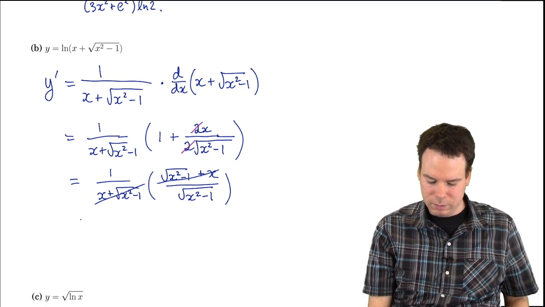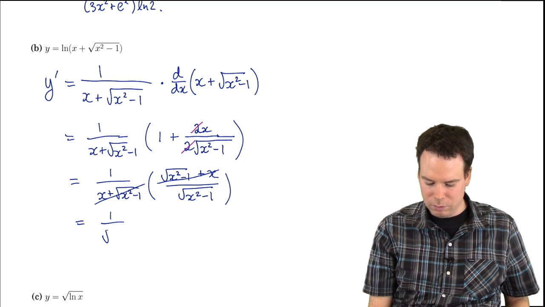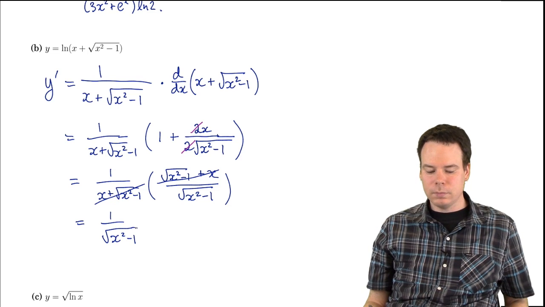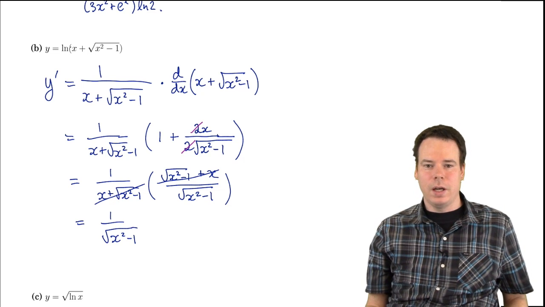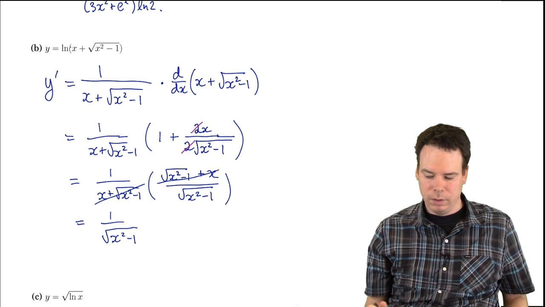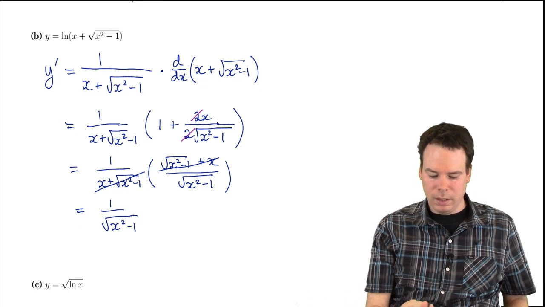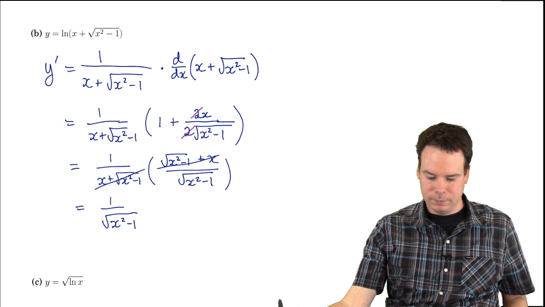There's this x plus square root of x squared minus 1 on top and bottom, so the result simplifies down to 1 over the square root of x squared minus 1. Okay, so again, chain rule we applied, but we used the fact that the derivative of the natural log was 1 over x. And in this case, we had to put it 1 over the inside times the derivative of the inside due to the chain rule.